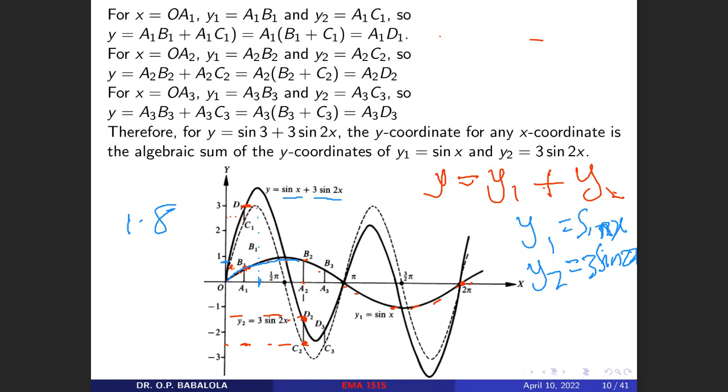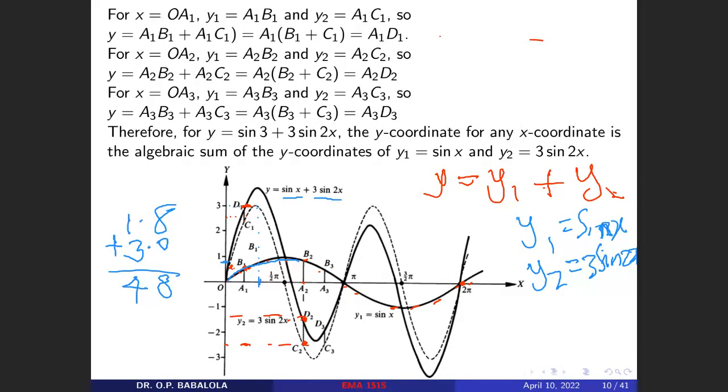And then it's here. Let's say this is 3. I know this is 3 because I've traced it to this point. So what I do is 3.0 plus 1.8, that will be 4.8.